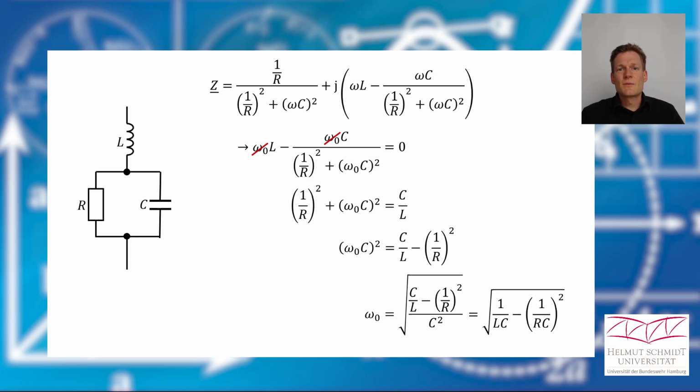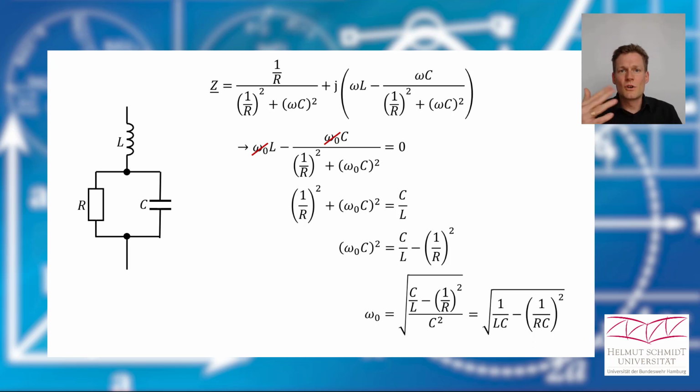So this was an example, and an exam task looks exactly like this. In an exam you might get a circuit consisting of R, L and C, and you should find the resonance frequency, and it's always the same.